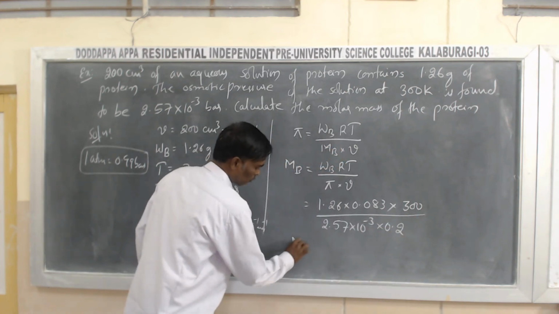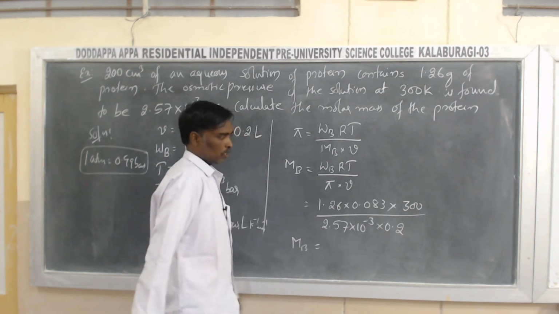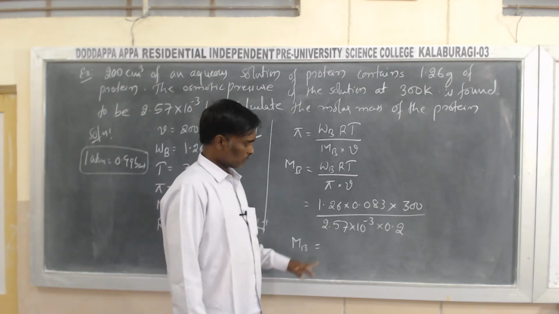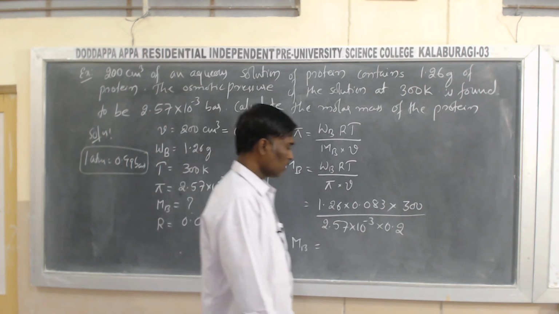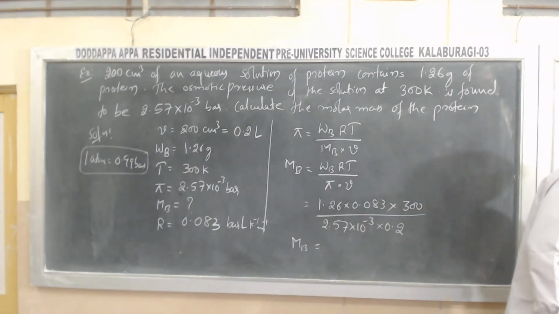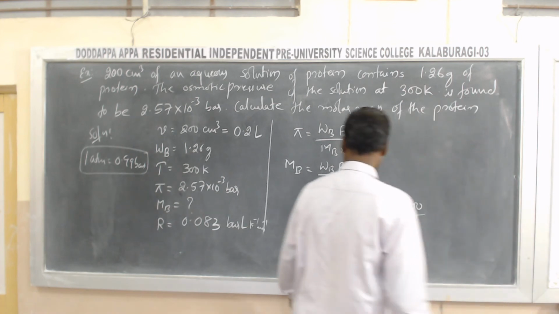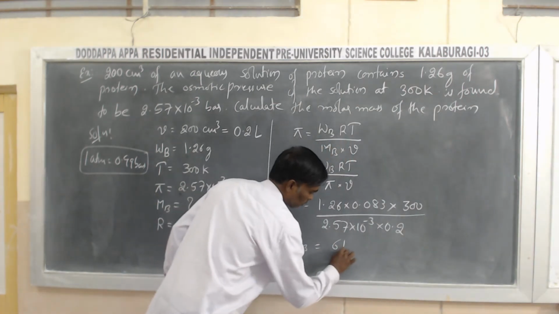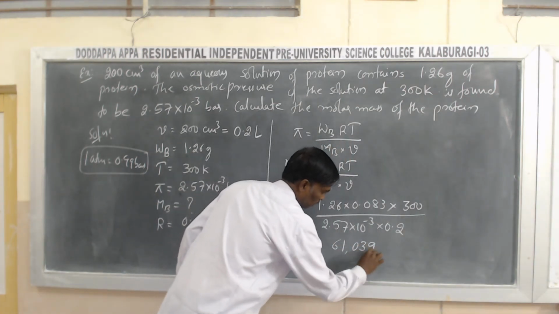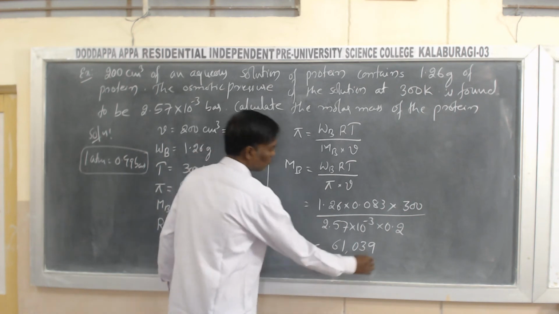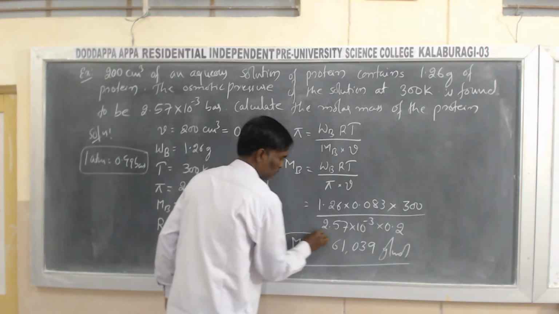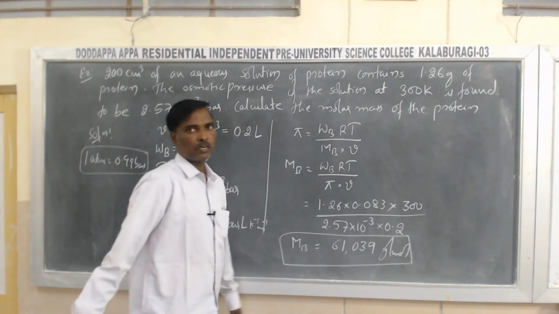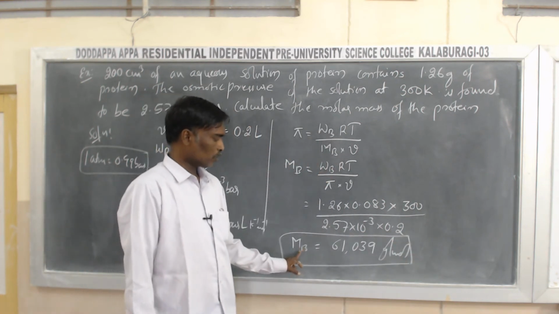Now multiply all these terms, and finally we get the answer as 61,039 gram per mole. This is the molecular mass of that protein.